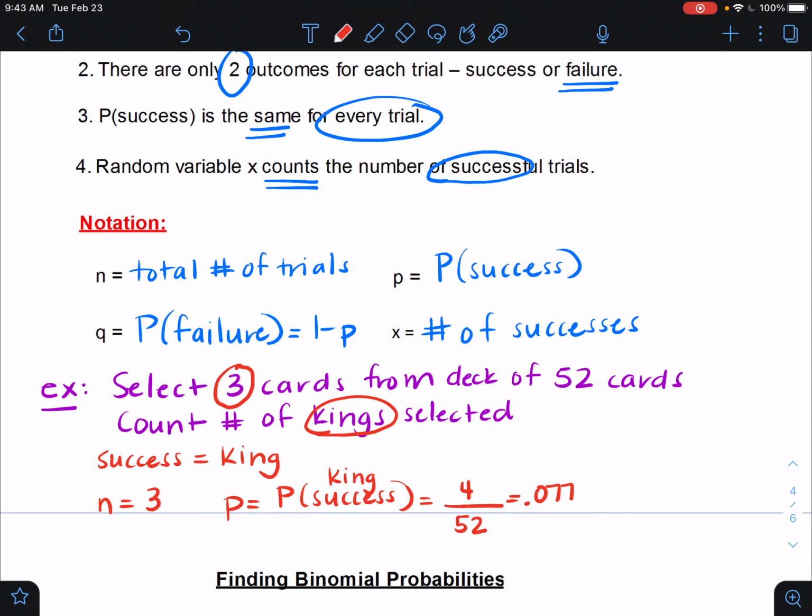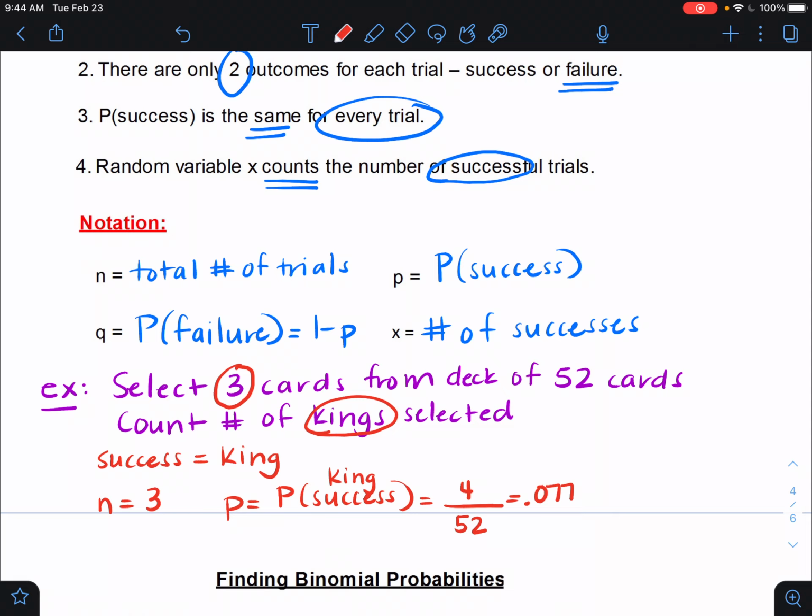Now, in order for this to be a binomial, I have to make sure that is not going to change. So I think about the next card. Let's say we've selected the first card, it's a king, and that's done. When we go back for a second card, notice there's not going to be 4 kings in there, there's only going to be 3.